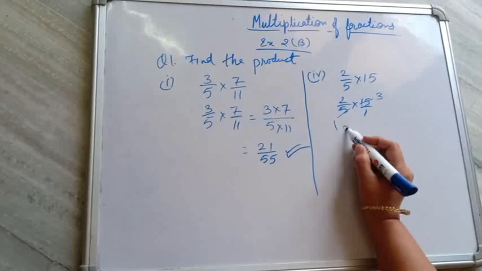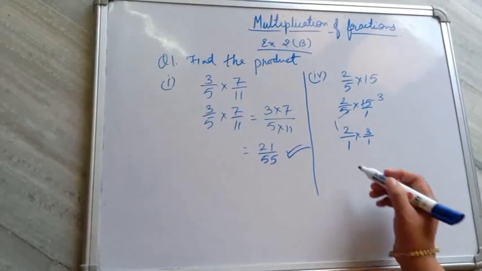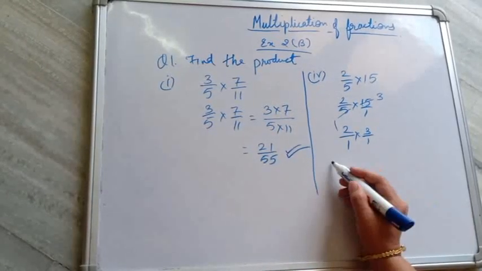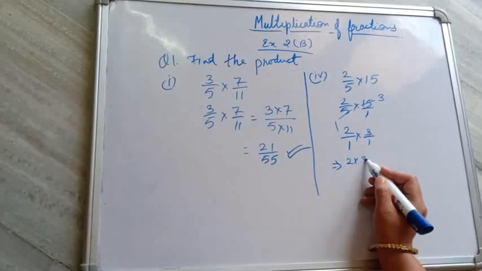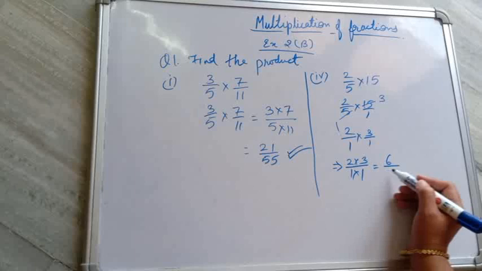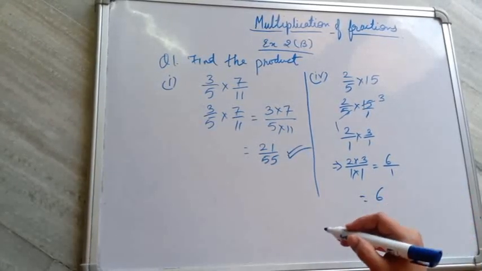Now what is left here? 2 upon 1 and 3 upon 1. Now the numerators should be multiplied first. 2 into 3 and 1 into 1. 2 3s are 6 and 1 into 1 is 1. 6 upon 1, that is 6. Answer is 6.